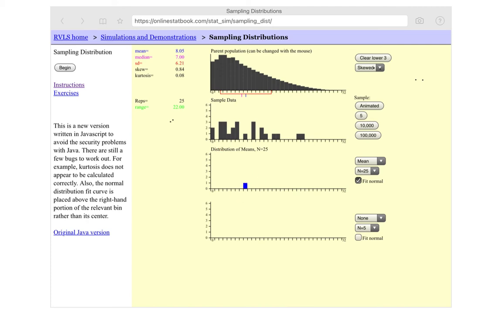So let's do that 10,000 times, 100,000 times, and you can see that here we have something that looks very, very normal. It doesn't look particularly skewed at all. So it seems that the more points we have in our sample, the closer the sampling distribution looks to normal.